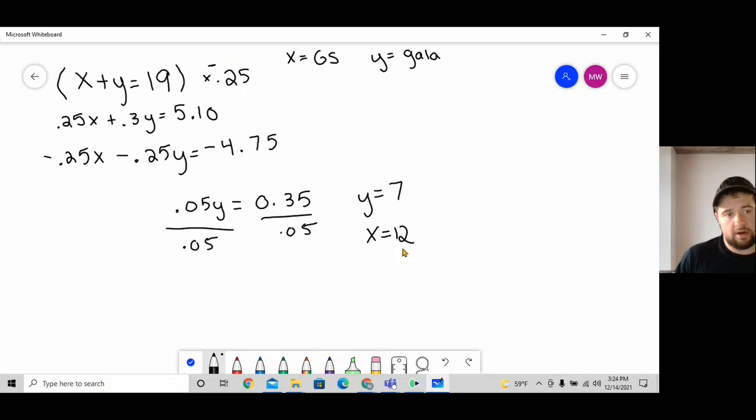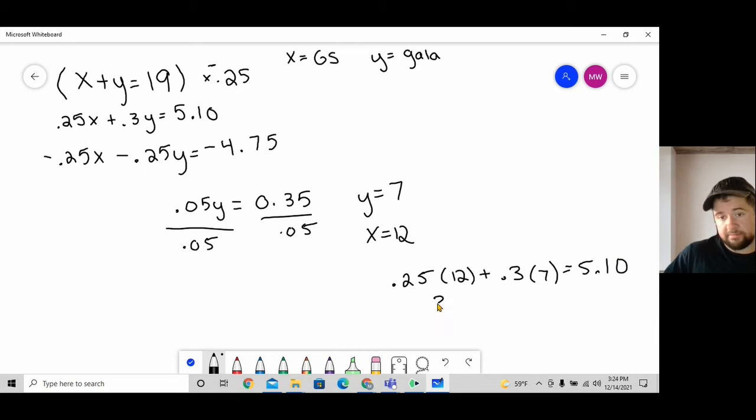And we're going to check our math. So 0.25 times 12 plus 0.3 times 7 needs to equal $5.10. 0.25 times 12 is 3. 0.3 times 7 is $2.10, and $3 plus $2.10 does equal $5.10.